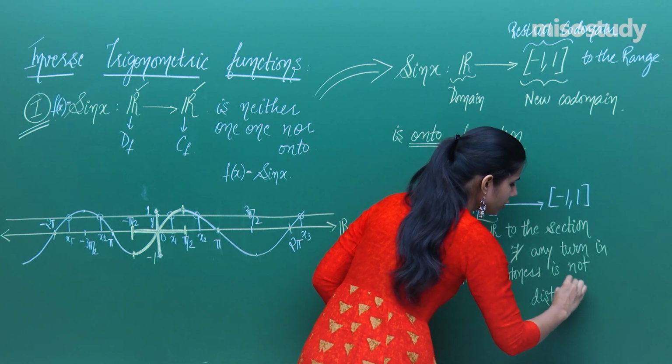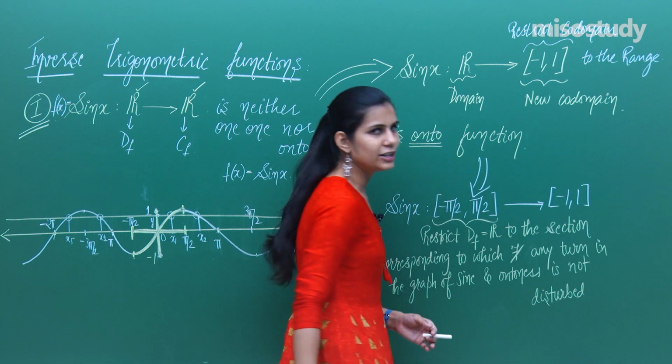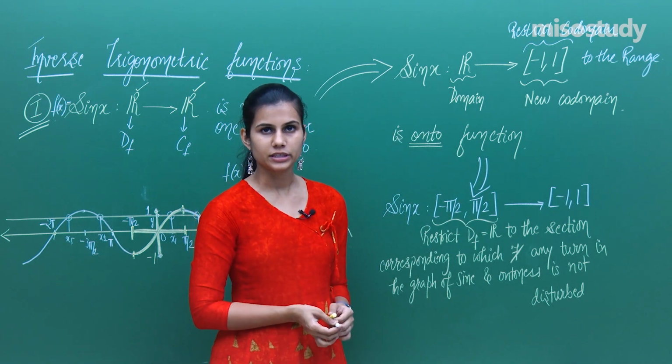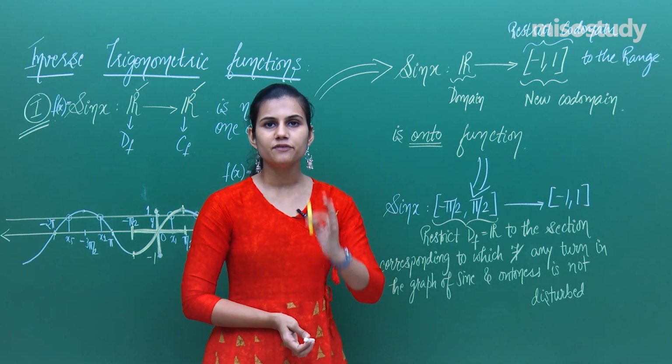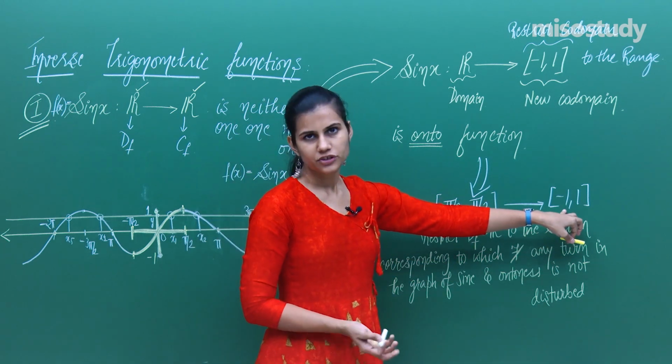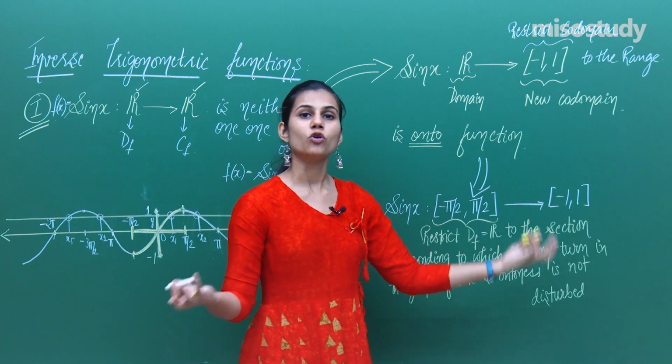These are the grounds on the basis of which I have restricted my domain to the closed interval minus pi by 2 to pi by 2. Sine function from here to here is definitely 1, 1, and because I have restricted already my codomain to the range, it is onto as well.